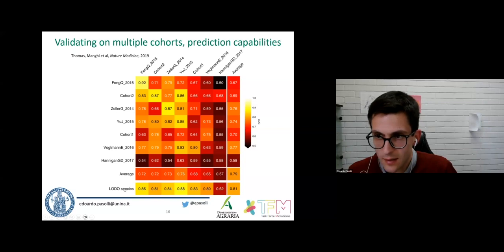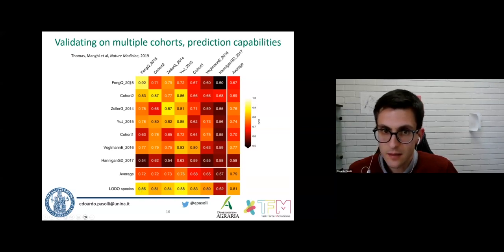But what is interesting are the numbers reported here using what we define as leave one data set out analysis. For example, in this case, we are training on all the data sets, excluding only the data set on which we are testing. We are just excluding FANG, which is the data set used for testing.